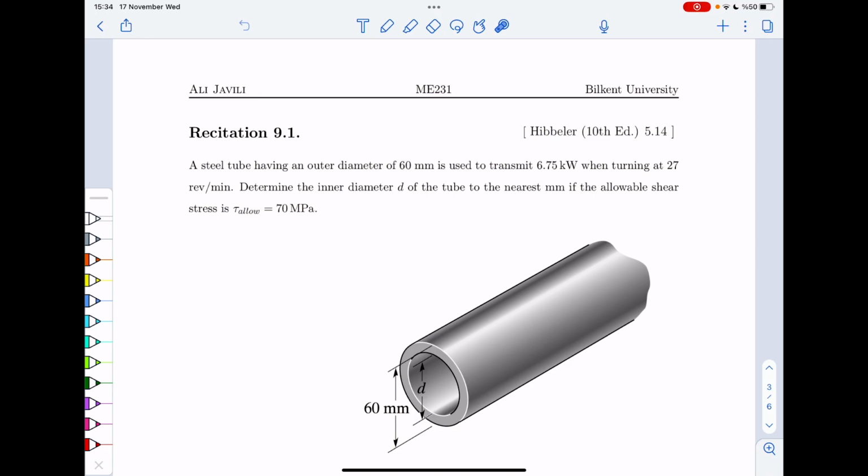Now, what we want to do is basically to make sure that the shear stress that is developed in this tube is less than 70 megapascal.